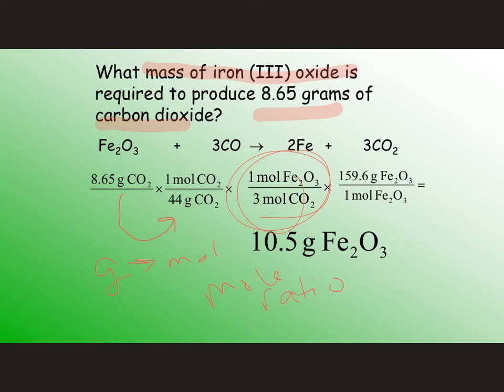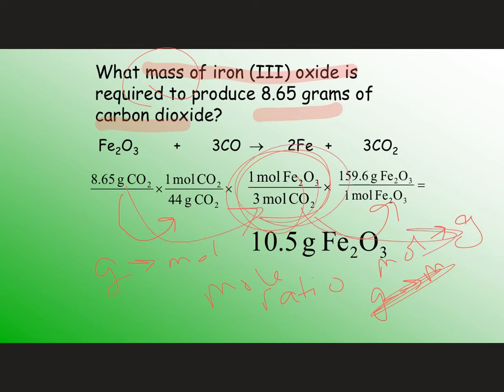And then we're going to take care of answering for the mass by going from mole to gram. So this is kind of a repetitive thing. We basically need to get into moles and then get out of moles. But you always have to get to moles so you can convert from one substance to the other substance.